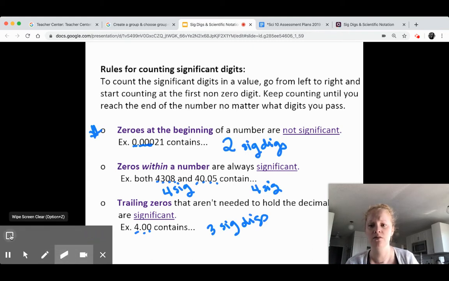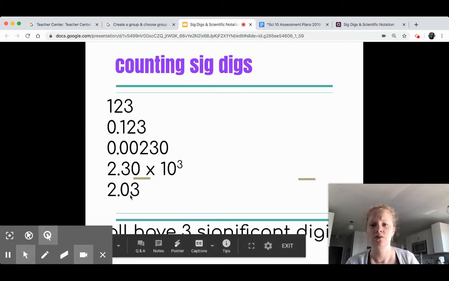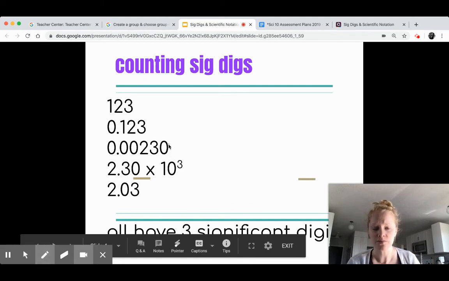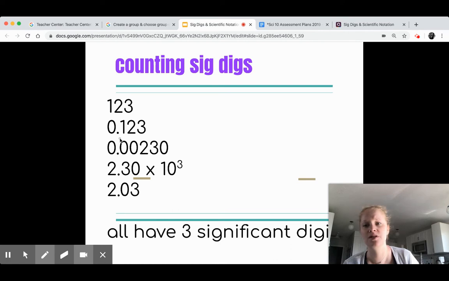Moving on, try a couple examples. So all of these do have 3 sig digs. So our first one, 1, 2, 3, obviously has 3 sig digs. We don't count the 0 here, so 1, 2, 3. We don't count the front zeros, but we count the end. So there's 3.